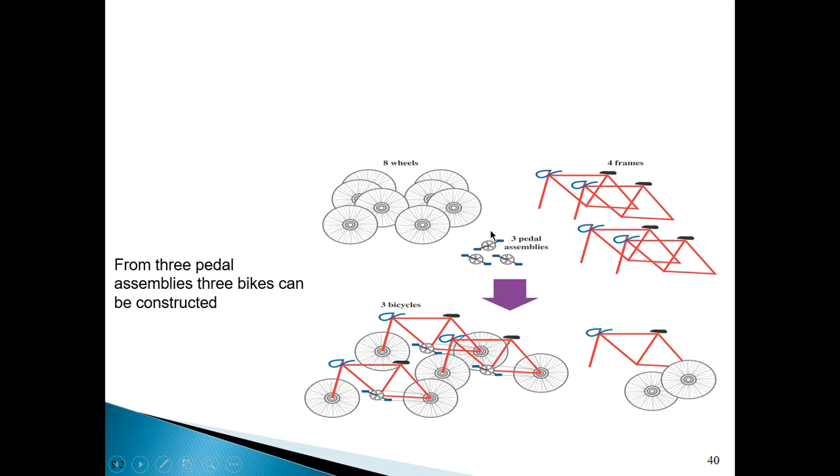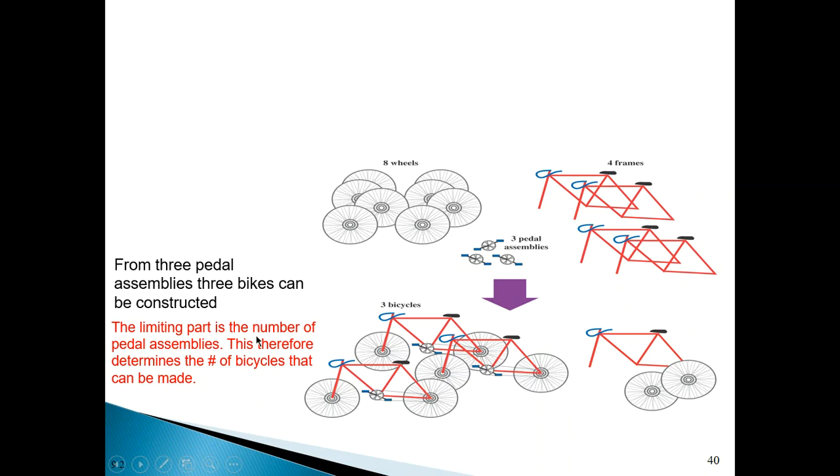In this case, the limiting item, which would be analogous to the limiting reactant, would be the 3 pedal assemblies here, and the items that are in excess, which would be analogous to the excess reactants, would be the wheels and the frames. All right, so as stated here, the limiting part is the pedal assemblies. This is the part, therefore, that determines ultimately the number of bicycles that can be manufactured. All right, so that's basically just using this example to illustrate the limiting reactant concept.